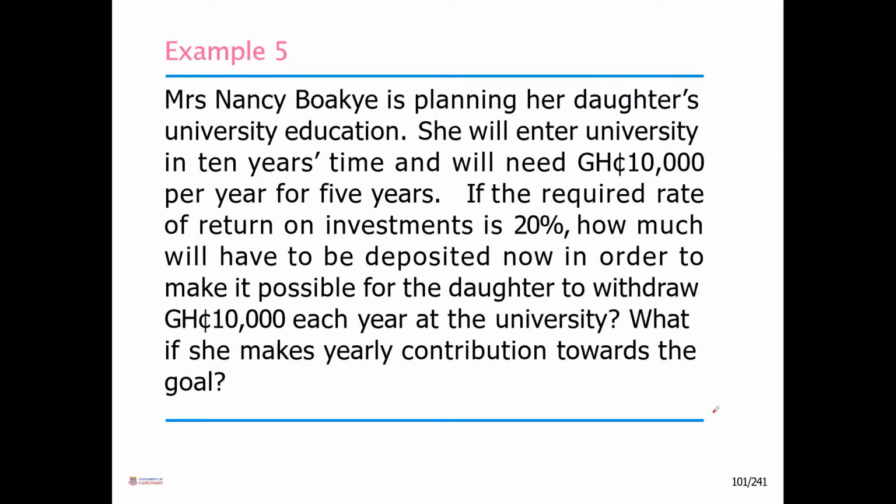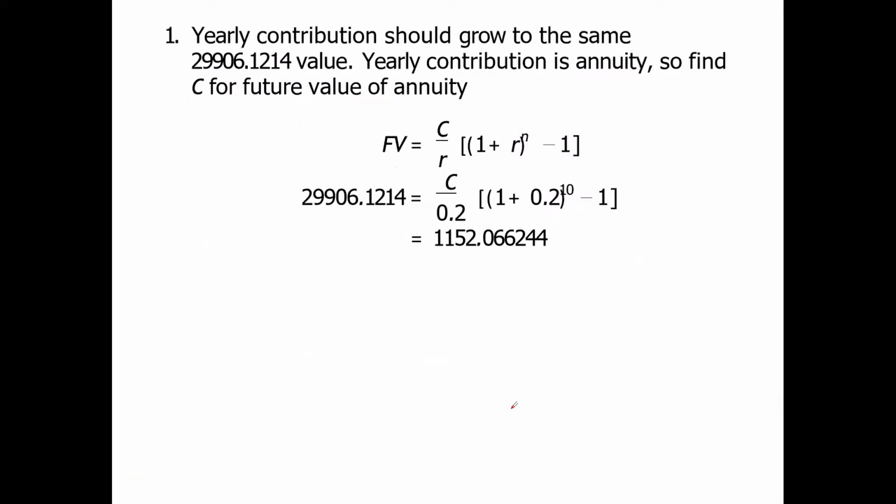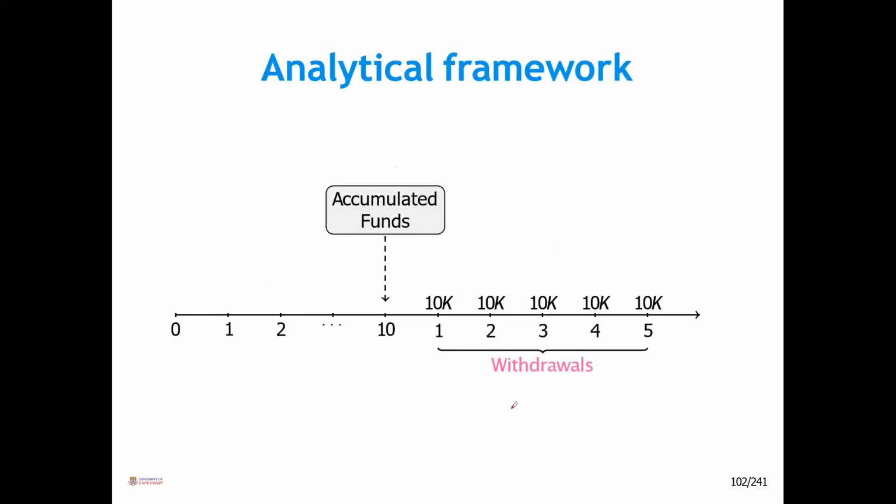So the same question again, but the question now says, what if she doesn't make a lump sum payment, but makes a yearly contribution towards the goal? That's now the question.